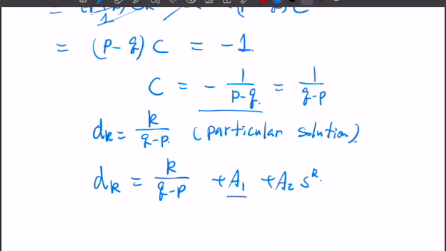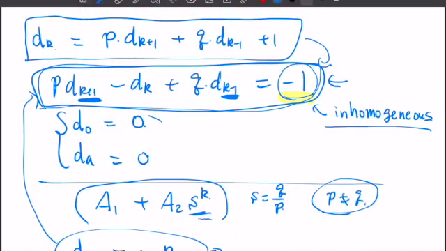Now, A1 and A2 are constants which are to be determined from these boundary conditions.